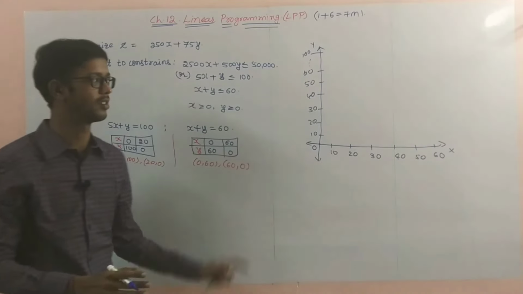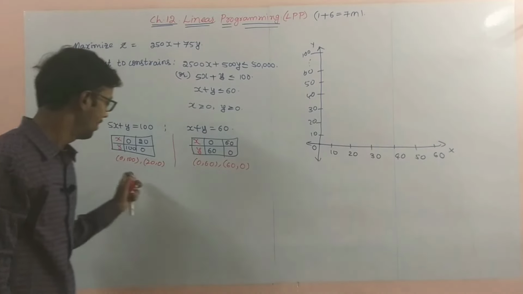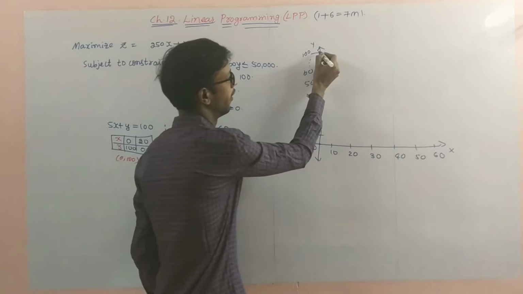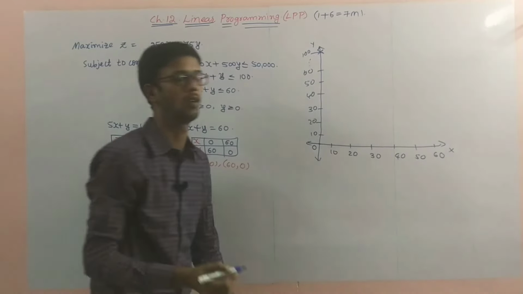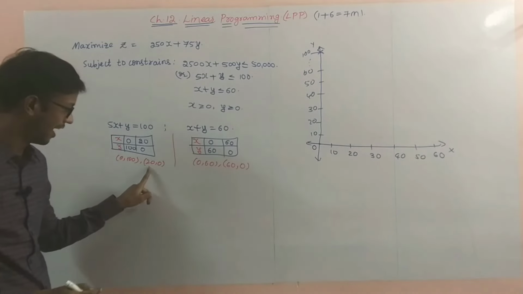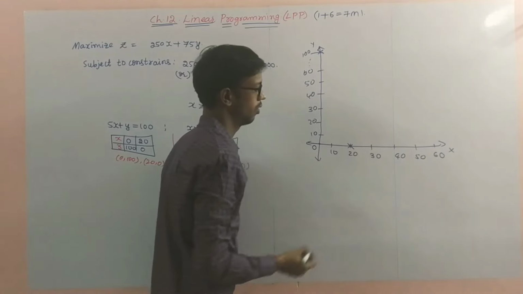Just a rough diagram, for understanding purposes only. So now, plot these points. This point is 0, 100. Next, 20, 0: x value 20, y value 0, on the x-axis.